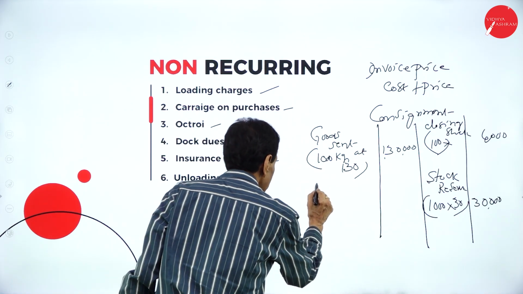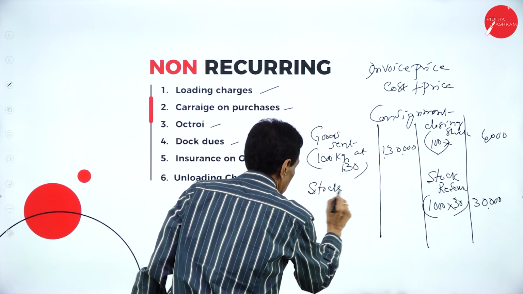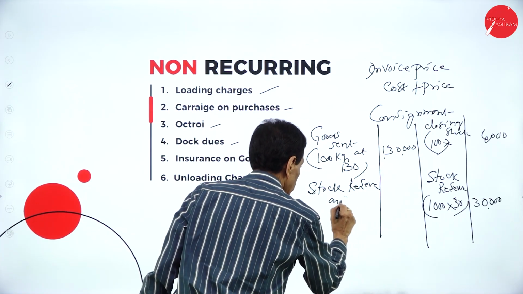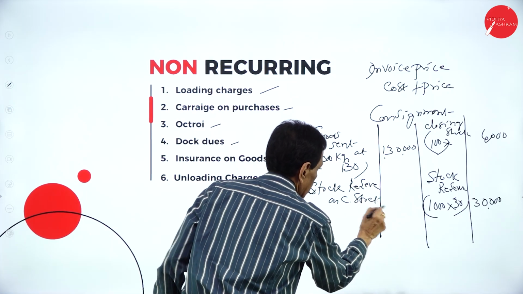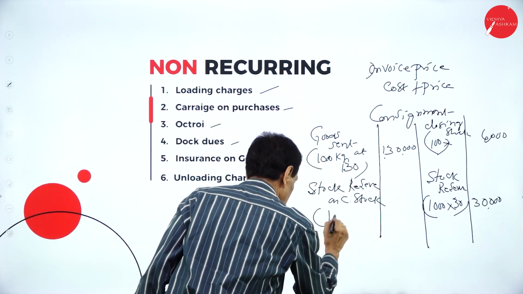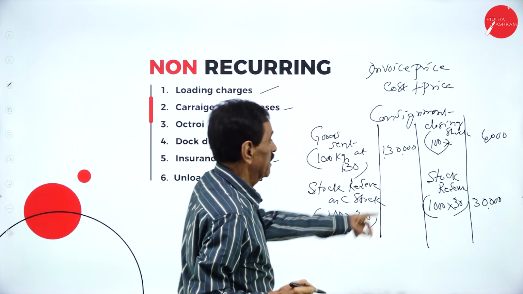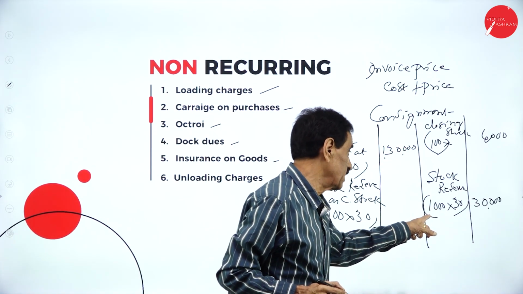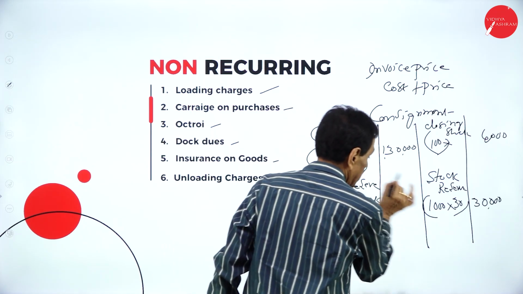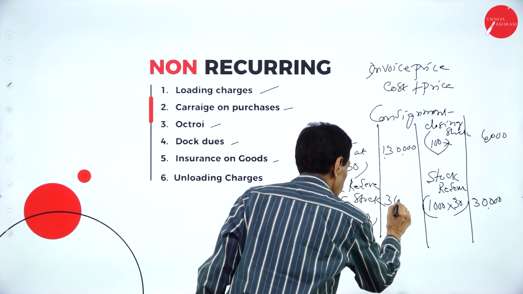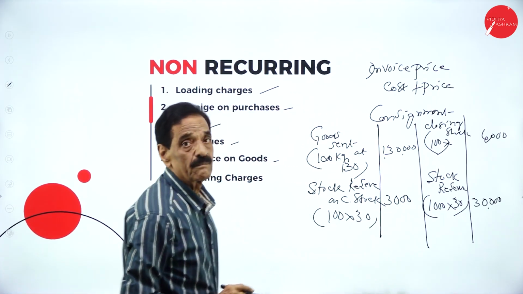Here, the stock reserve on closing stock. How many kgs? 100 kg. Extra amount 30 rupees. This is the unsold stock reserve. 100 into 30 is 3,000.